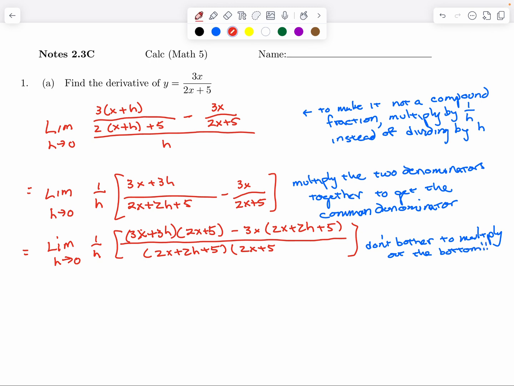Okay, we need to multiply out the top. The h is what's causing the division by 0. We need to get everything that doesn't have an h on top to cancel. But the bottom, I'm just going to leave. So, let's see. FOIL, FOIL, FOIL.